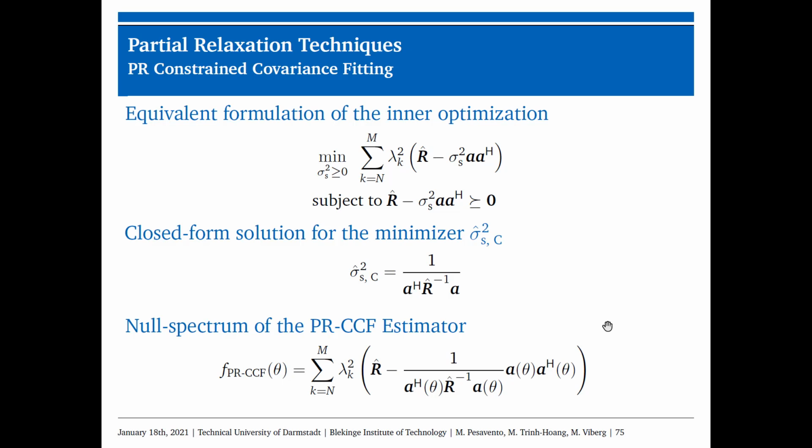We also observe that the inverse of the sample covariance matrix comes from the PSD constraint that we have here. This implies that if we drop this constraint, maybe we do not have to enforce the invertibility of the sample covariance matrix anymore. This observation leads us to the second version of the partially relaxed covariance fitting estimator.